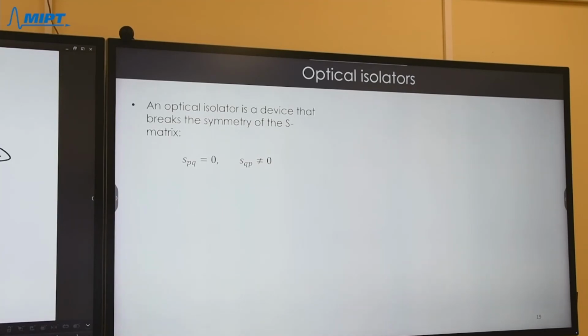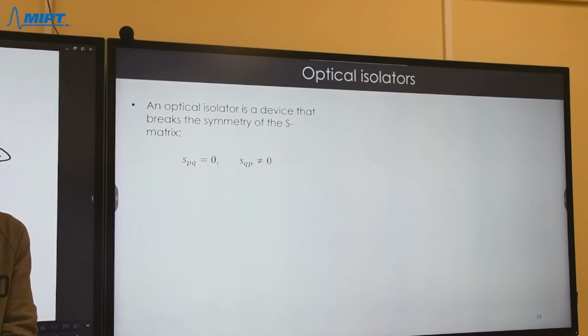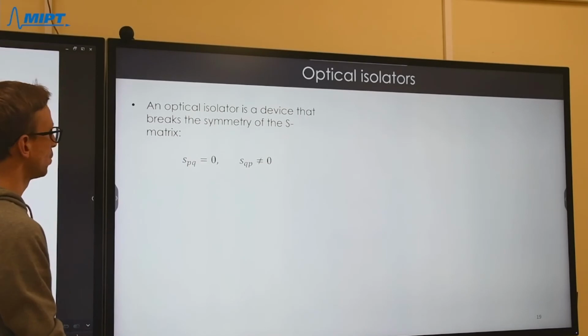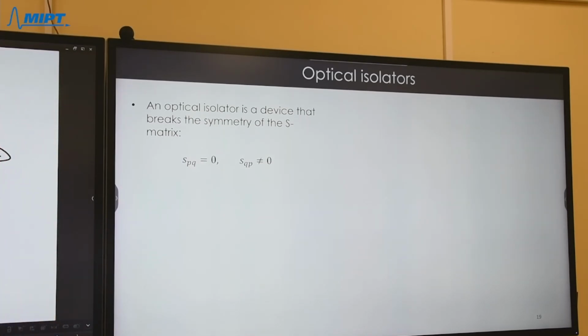And now let us talk just a little bit about what can happen in non-reciprocal systems. What can happen to the S matrix in non-reciprocal systems, and then we're going to forget about non-reciprocal systems for a good while. So one example of a non-reciprocal system that occurs quite often in practice is the so-called optical isolator.